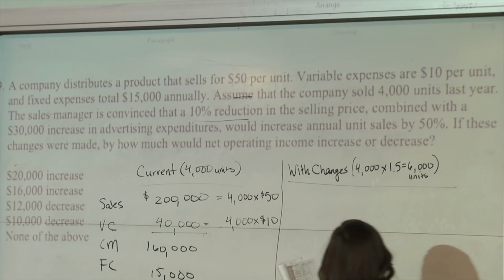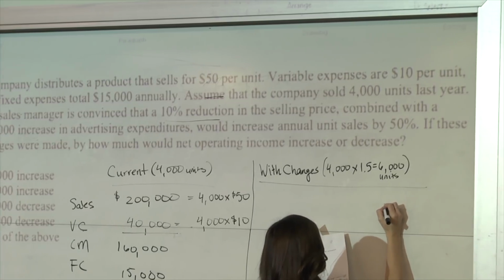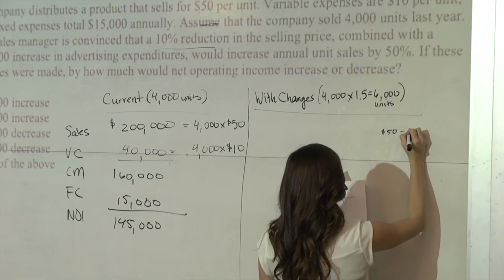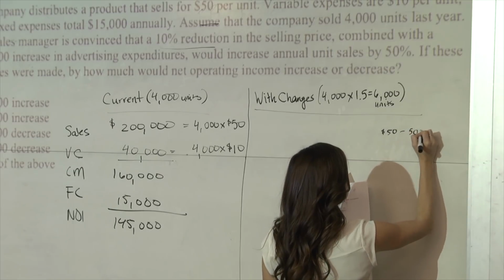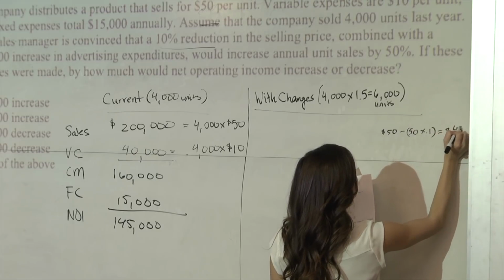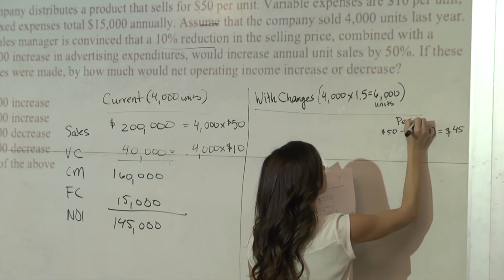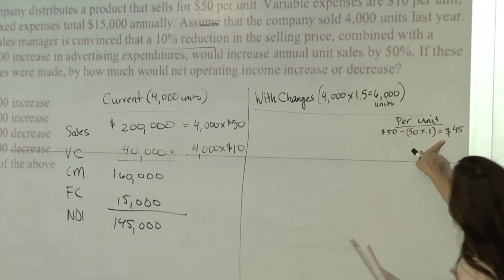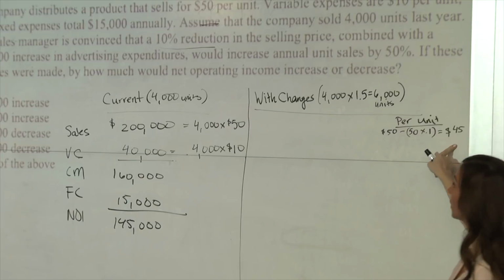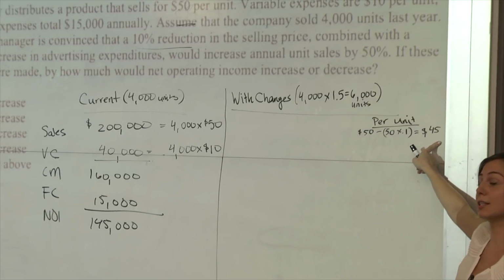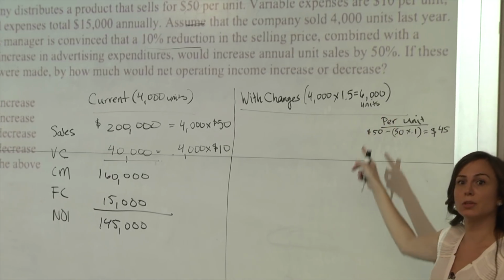So let me explicitly write out the units. 50. So this is how I'm getting the new. Before we had 50, now we have 45. So we have to multiply this new unit selling price by our new number of units.